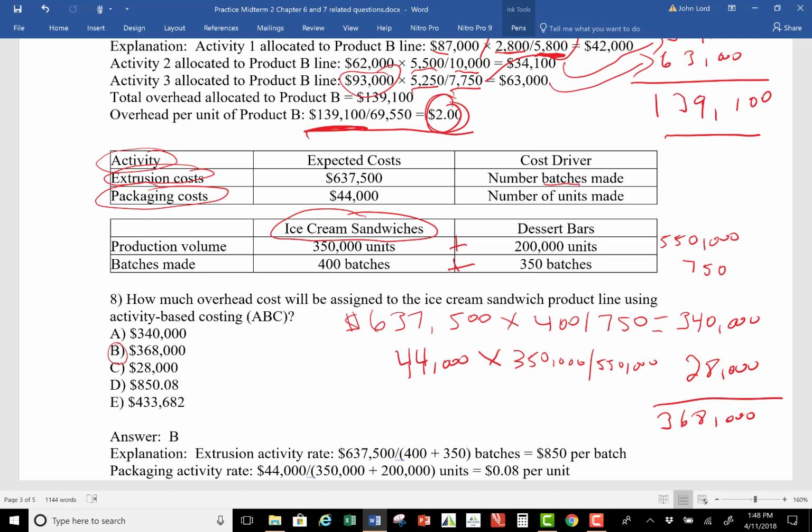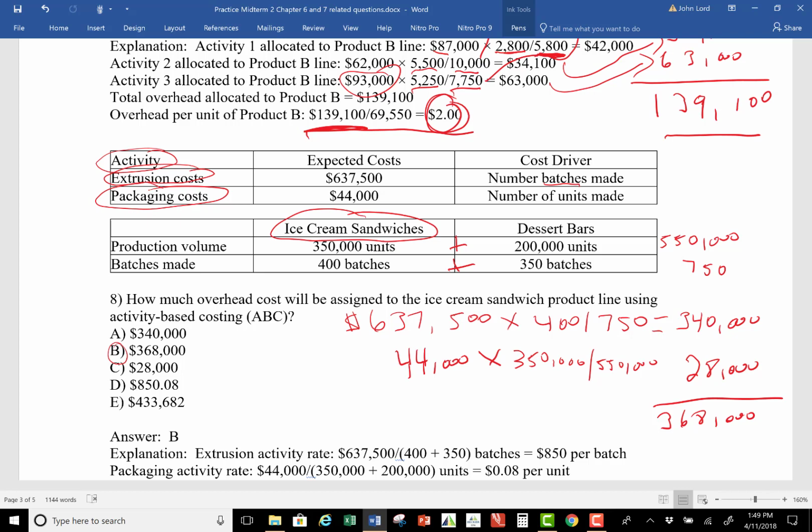I guess that's when they squeeze the ice cream out, when they put the cream and the ice together, and it extrudes out. So it's just squirting out the ice cream into the sandwiches. And then we have these packing costs because they have to put some wrappers on them. So we've got 2 activities that are necessary in the production of these 2 products, sandwiches and dessert bars. Now we're going to focus on sandwiches.